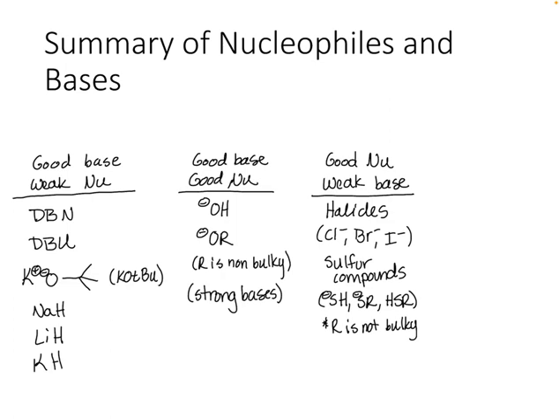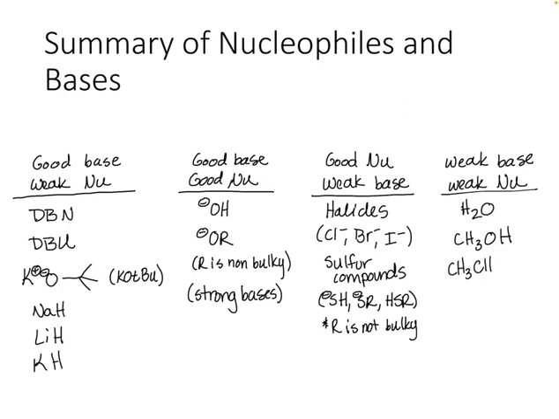And then finally, what if we want to favor SN1 and E1? We would need a weak base that's also a weak nucleophile. Options for that would be something like H2O, so water, or methanol, really any alcohol. So we could have ethanol.